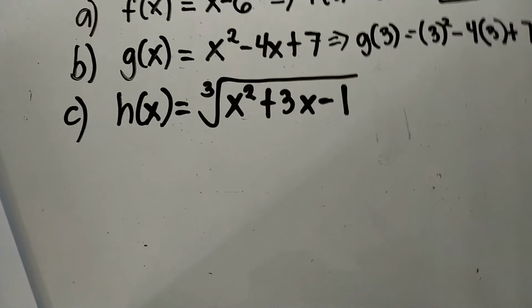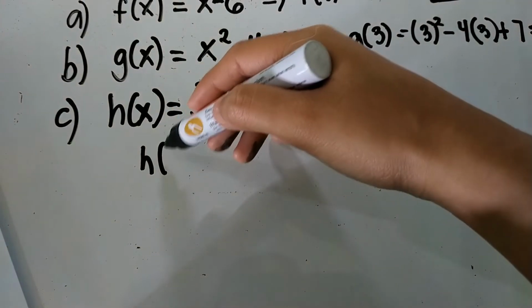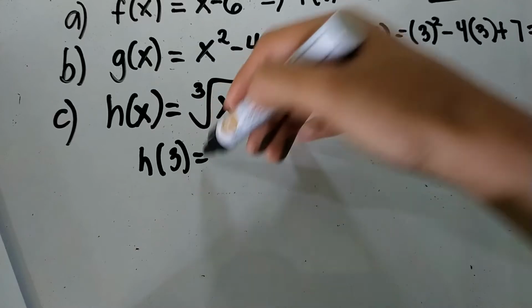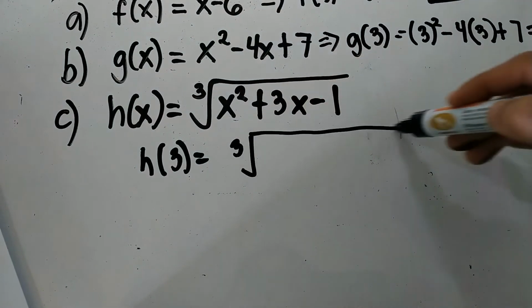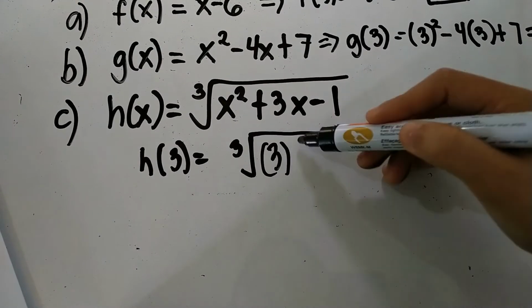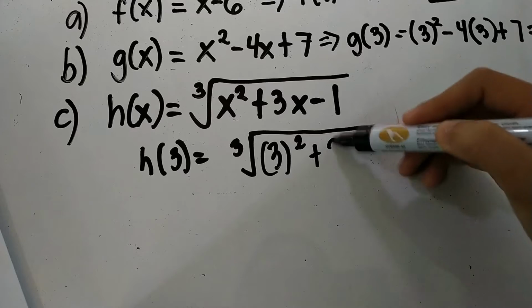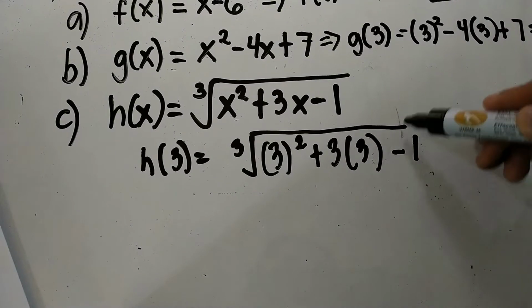H of 3 is equal to the cube root of yung x, papalitan natin ng 3 squared plus 3 times 3 minus 1.